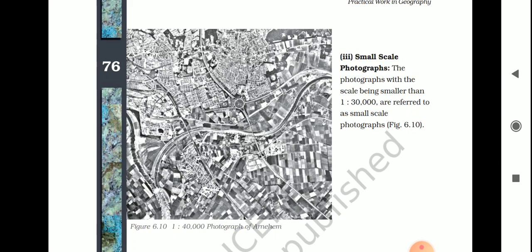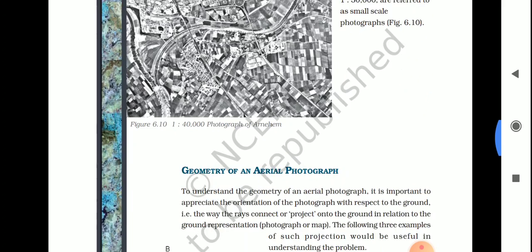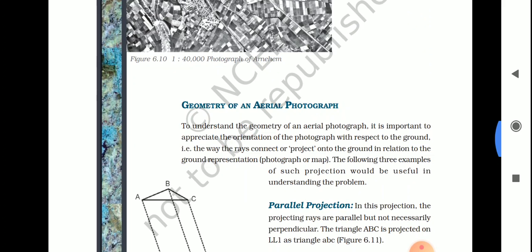And then we have small scale photographs. Here, students, the photographs with the scale smaller than 1 is to 30,000 are referred to as small scale. Okay, so only the scale you have to keep in your mind.